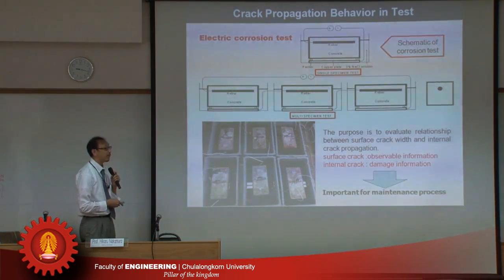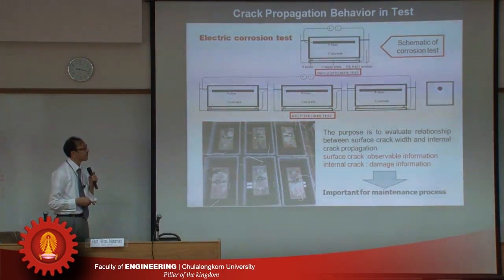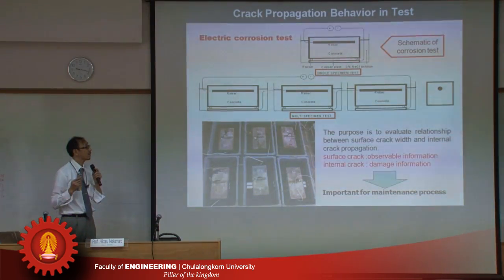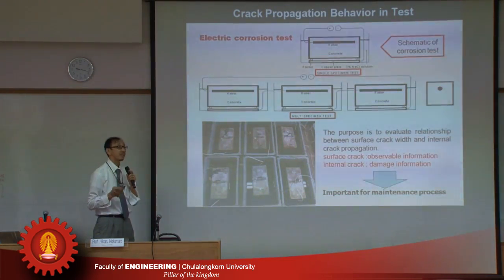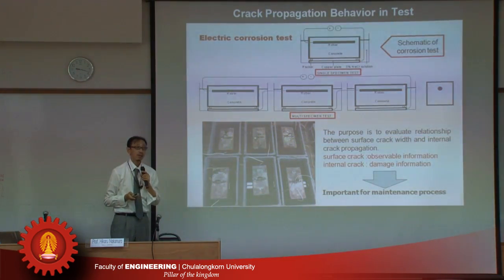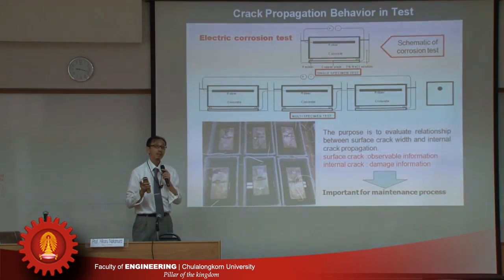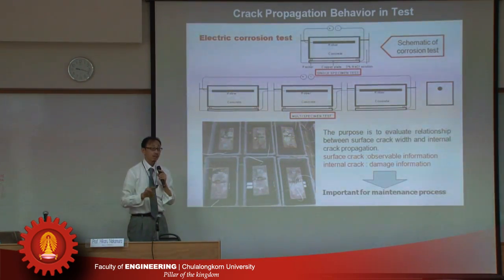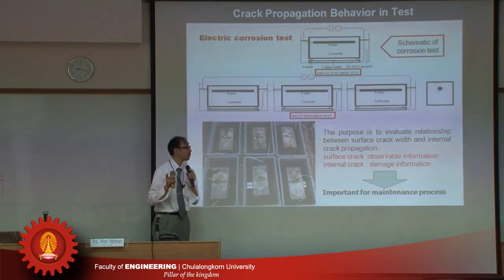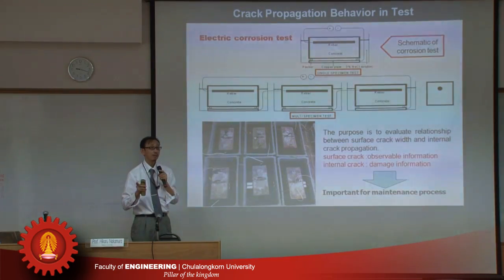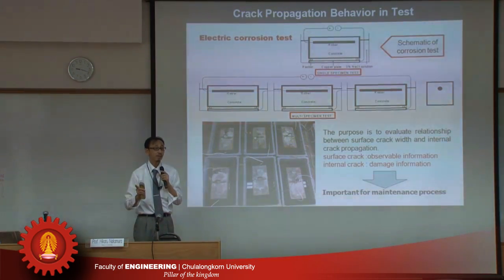Many specimens were tested, and the purpose of this test is to evaluate the relationship between surface crack width and internal crack propagation, because when inspecting a concrete structure, we can observe the surface crack.